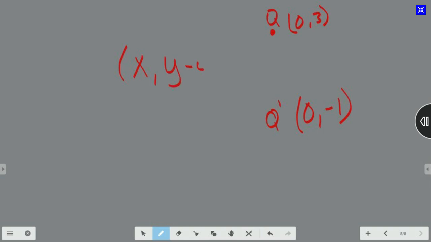I have a Q up here at 0, 3. I have a Q prime down here at 0, negative 1. So what changed in my X? So that stays the same. What changed in my Y? So here's my rule.